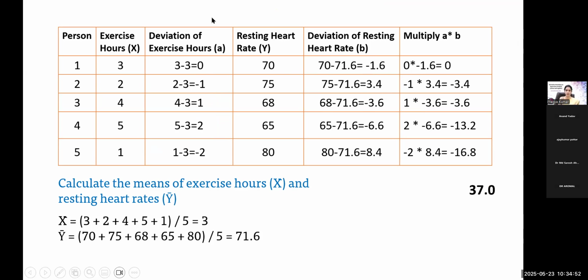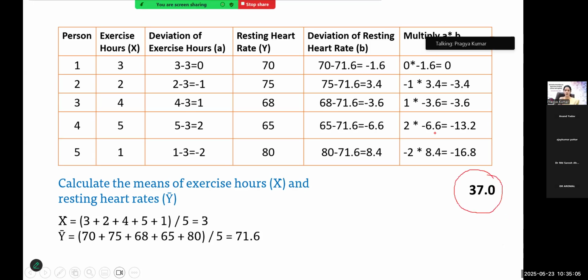This is delta x and this is delta y. If you multiply these two and sum it up, what is this 37? This 37 is the sum of all these values, and it has a minus sign, because this is minus, this is minus, this is minus, and this is minus. Everything is minus, so this is minus 37.